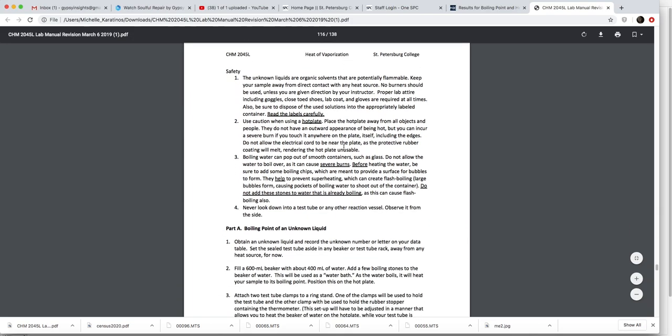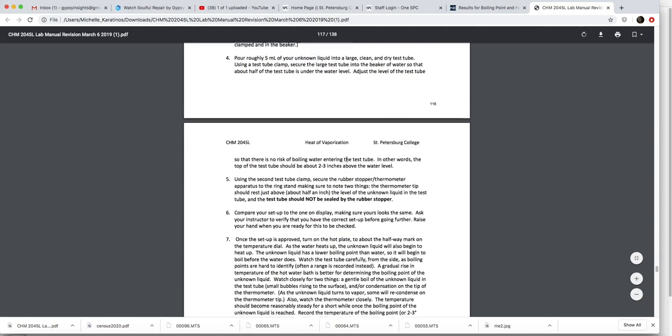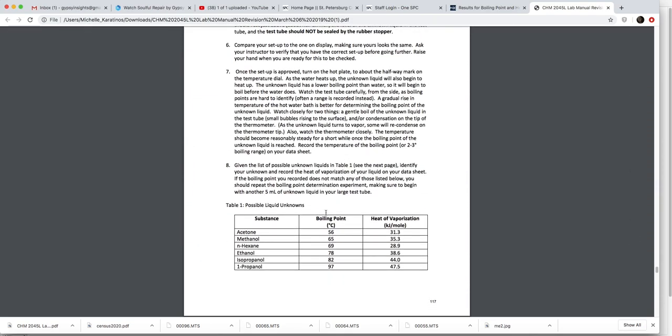But the other piece of information we can get is delta H vap, and we can do that using this possible liquid unknowns chart. Your unknown is going to be one of these. Now I'm saying that the boiling point was 97 degrees, which would point us to 1-propanol here being the unknown in this case. And that means we can actually just read the heat of vaporization off the chart here, and you can see it's kilojoules per mole.